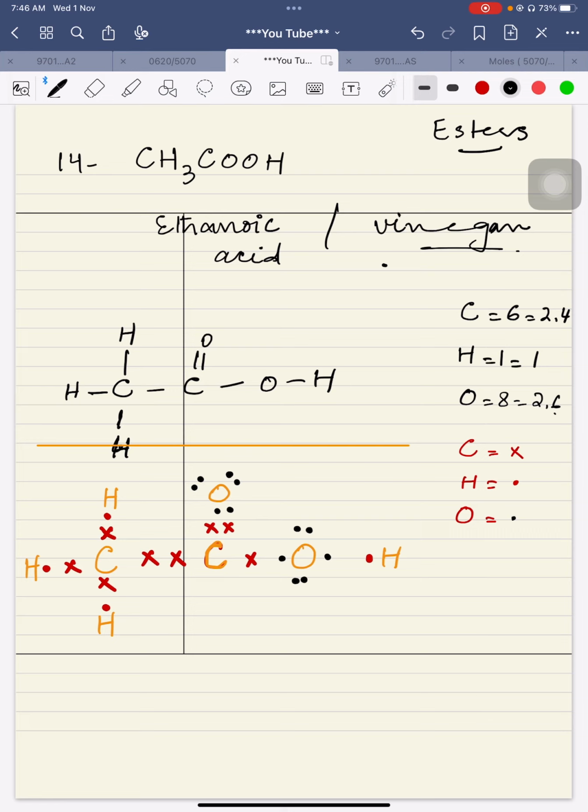In the case of this carbon, we have this sharing region with this green color, and there is one carbon and oxygen sharing region which contains 4 electrons, 2 pairs of electrons, whereas this oxygen and carbon contain 2 electrons. Between the central carbon and these 3 hydrogens, each of them contains 1 pair of electrons.